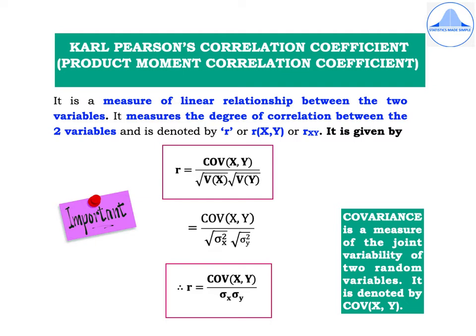Which simplifies to R equal to covariance of x comma y divided by sigma x into sigma y, after we take the square root. Here, it is very important to remember the formulae which are highlighted in a pink box.